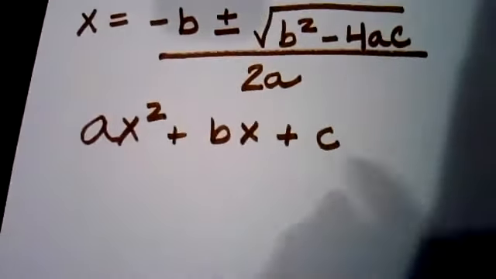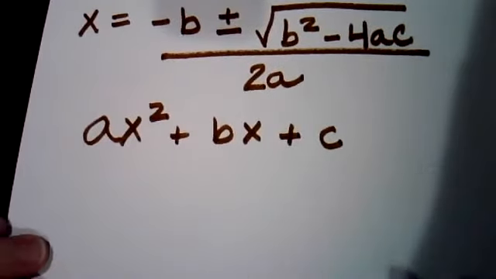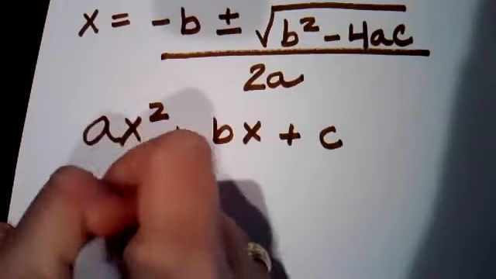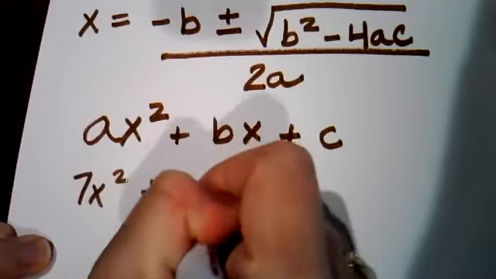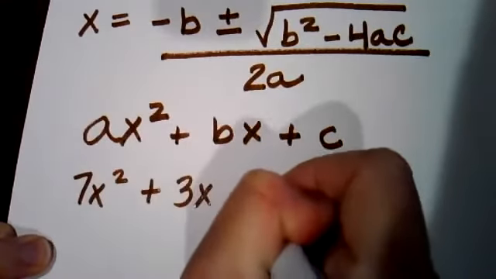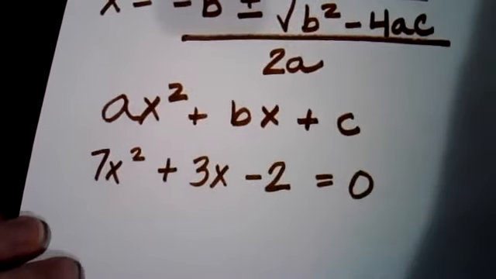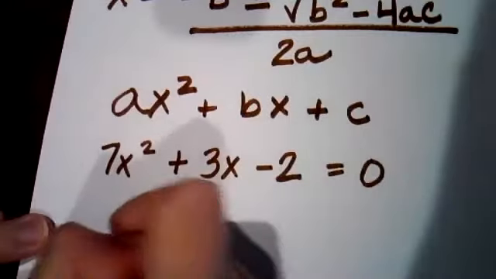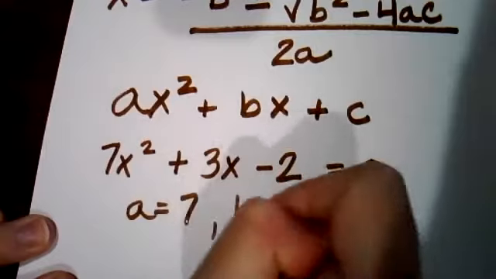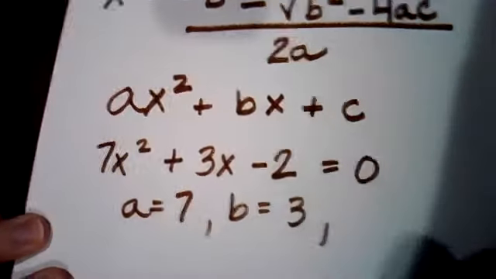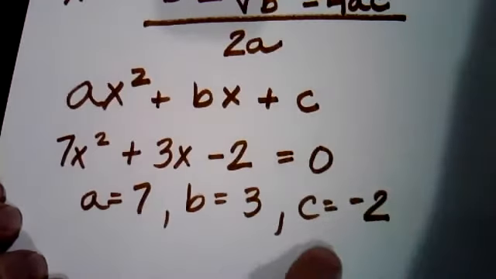Okay, so for instance, if you were doing a regular one, let's just use an example that's in the book. If they've given us 7x squared plus 3x minus 2 equals 0, okay? If they've given us this thing, A is 7, B is 3, and C, be careful of the sign, is negative 2.